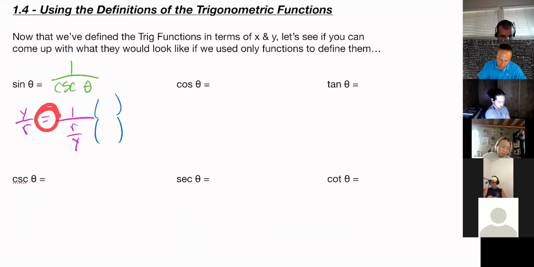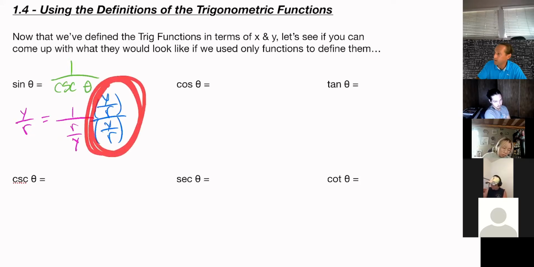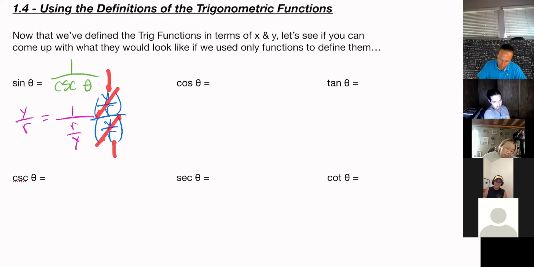I'm trying to prove that these are indeed equal. So I don't like the r over y as a fraction in my big fraction. So I'm going to multiply by what is called its reciprocal. So I'm going to multiply top and bottom by y over r. Does everybody see my fancy 1 here? Anything divided by itself is just 1.